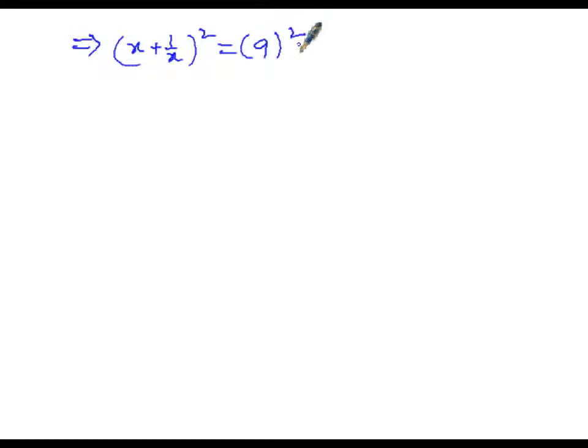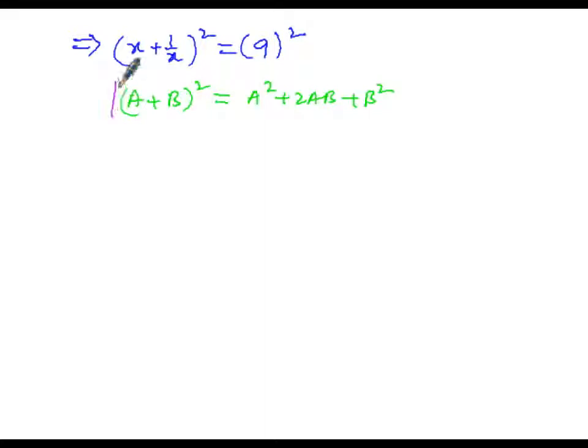The left hand side is in the form of a plus b whole square, where a is x and b is 1 by x. When we expand, we get 3 terms, a square plus 2ab plus b square, which is nothing but identity number 2.